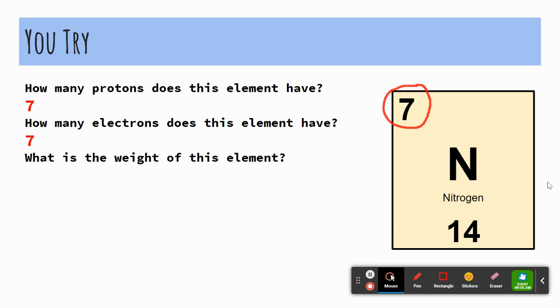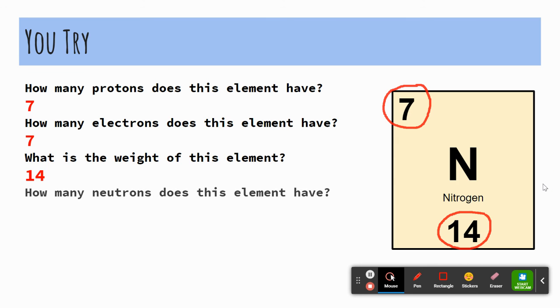So what is the weight of this element? What is the atomic weight or mass? The atomic weight or mass is 14, right? Remember, this number is going to help us find the number of neutrons. So next question, how many neutrons does this element have?